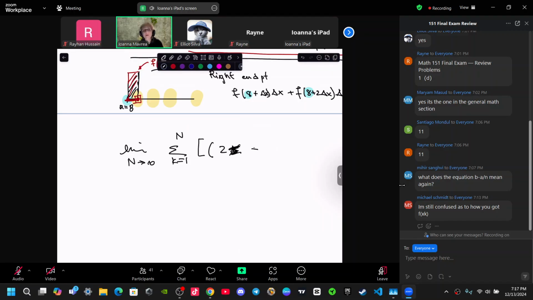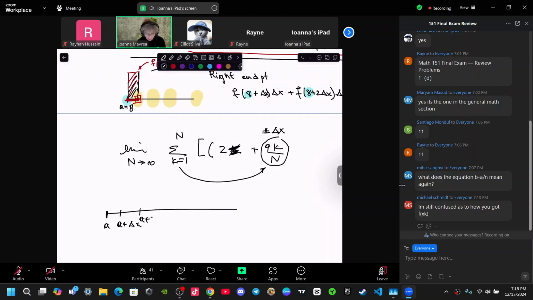It's not 23. Plus whatever. When you see k over n, when you see the k, this thing here is the number of delta x's that they're adding to the leftmost endpoint. The next one is a plus delta x. The next one is a plus 2 delta x. These numbers here are represented by that.